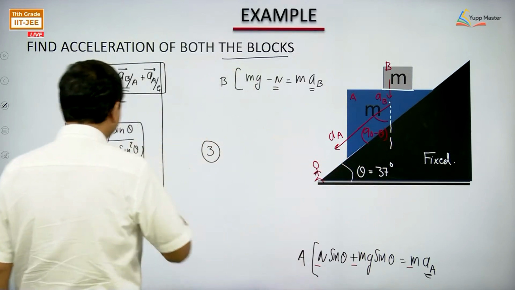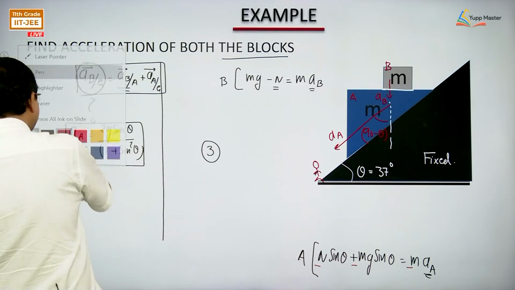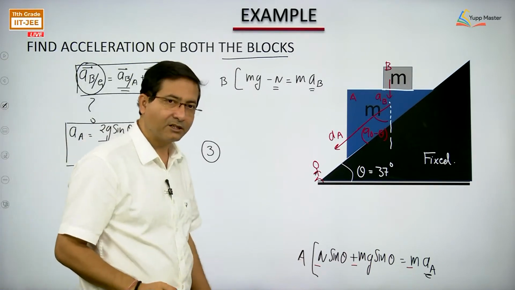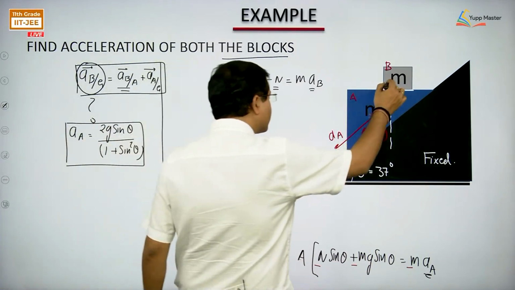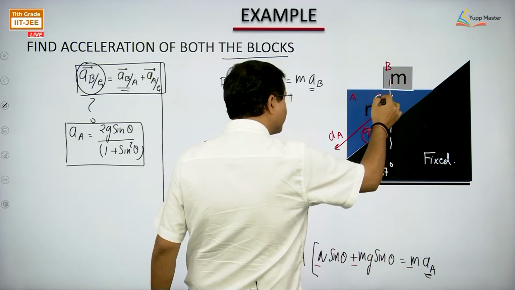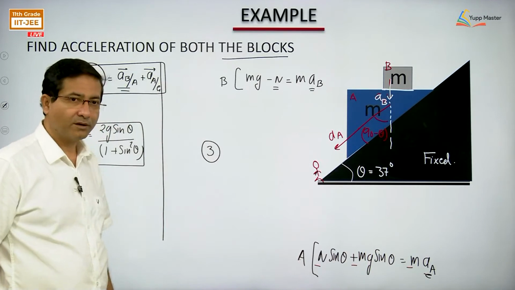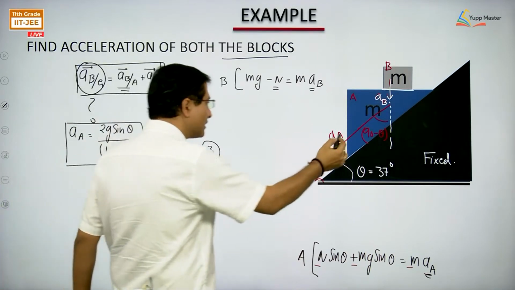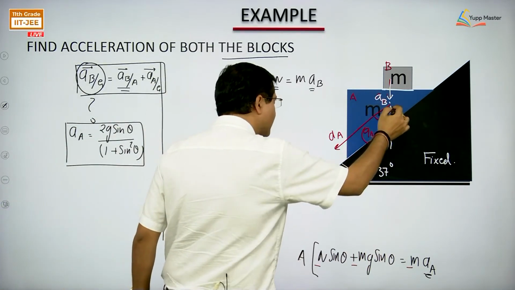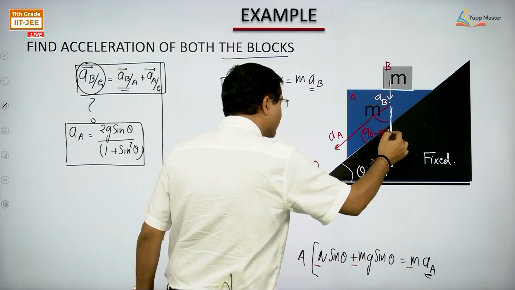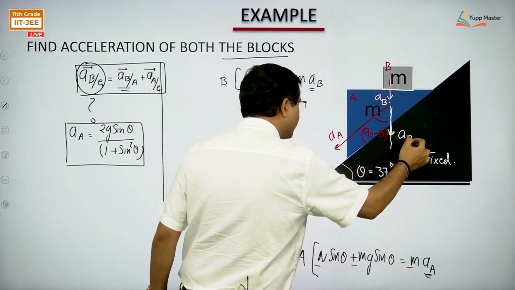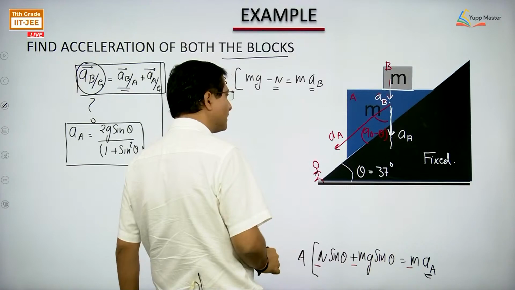So along the common normal, B is already having acceleration along the common normal. Acceleration of B is in this direction. If I resolve the acceleration of A in this direction, then I am getting acceleration of A cos(90 minus theta).